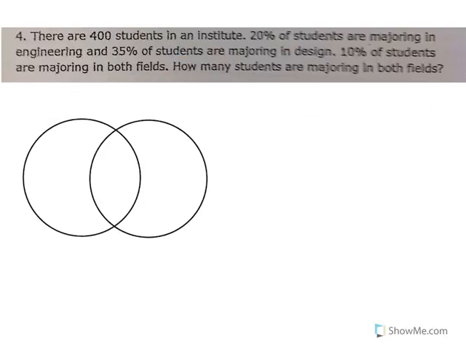Another example. There are 400 students in an institute. So I have 400 students as my total. 20% of the students are majoring in engineering. 35% of the students are majoring in design. 10% of the students are majoring in both.